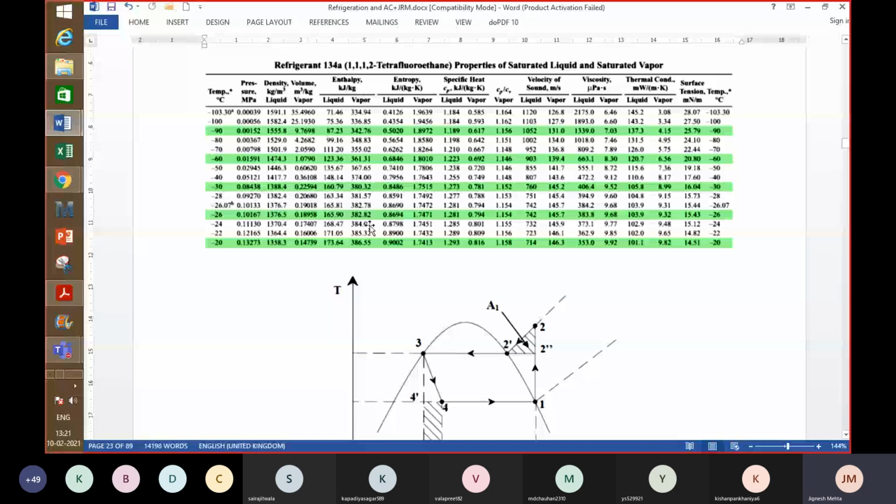So s1 is equal to 1.7413. 1.7413 is the entropy at point 1 as well as at point 2. Now with the help of this entropy and the pressure, you should be able to get the required properties at point 2.